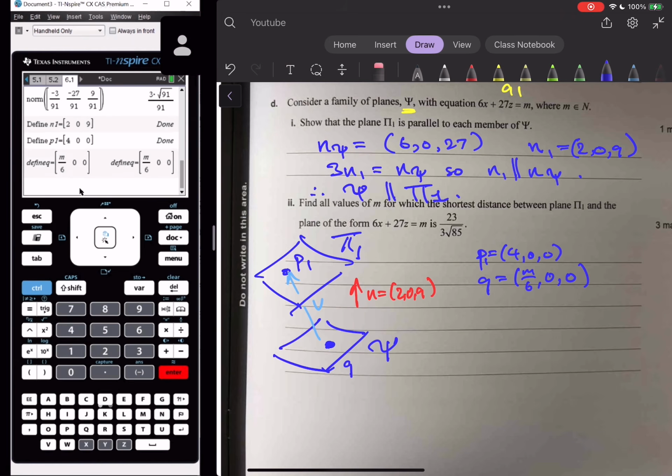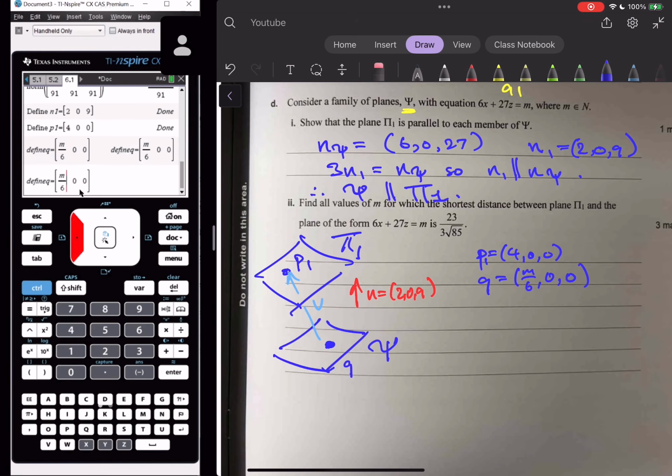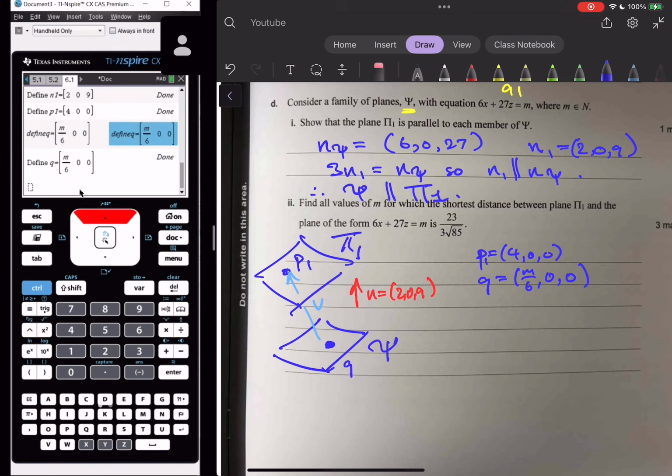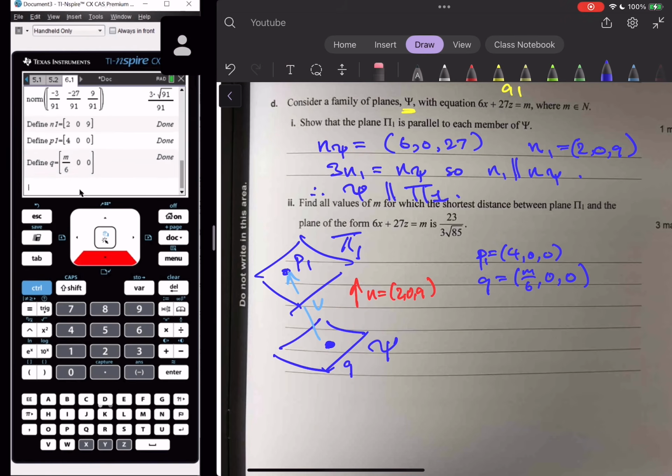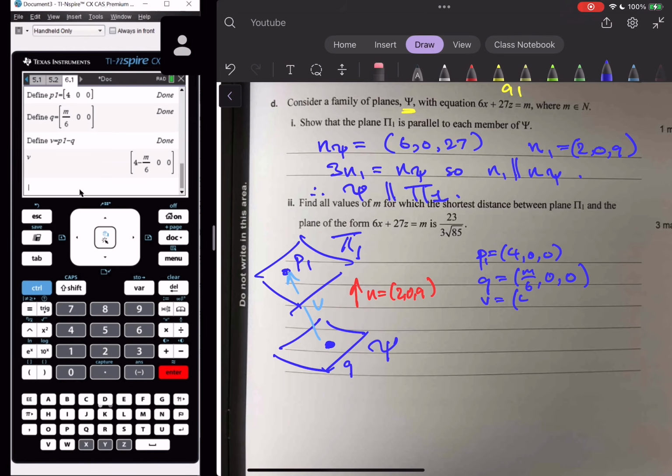Now let's compute v. I'm going to define v once again, overriding that definition. V equals p1 minus q. So v is 4 minus m over 6, 0, 0.